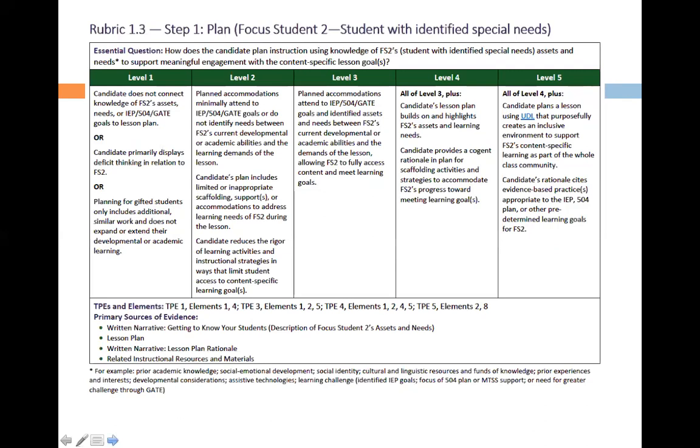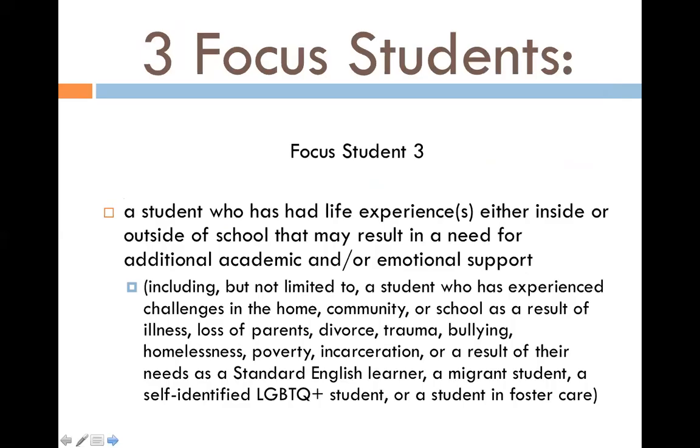And then your final student that you'll focus on for this cycle will be a student who's had a life experience either inside or outside of school that may result in a need for additional academic and or emotional support.